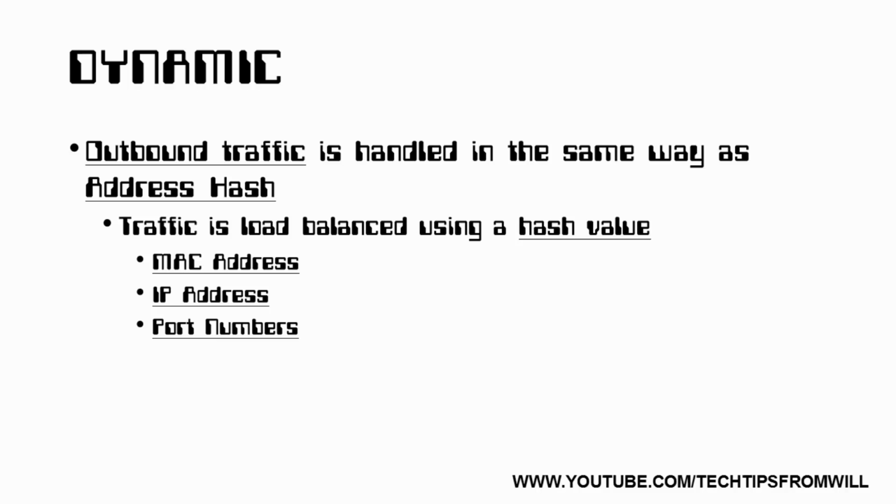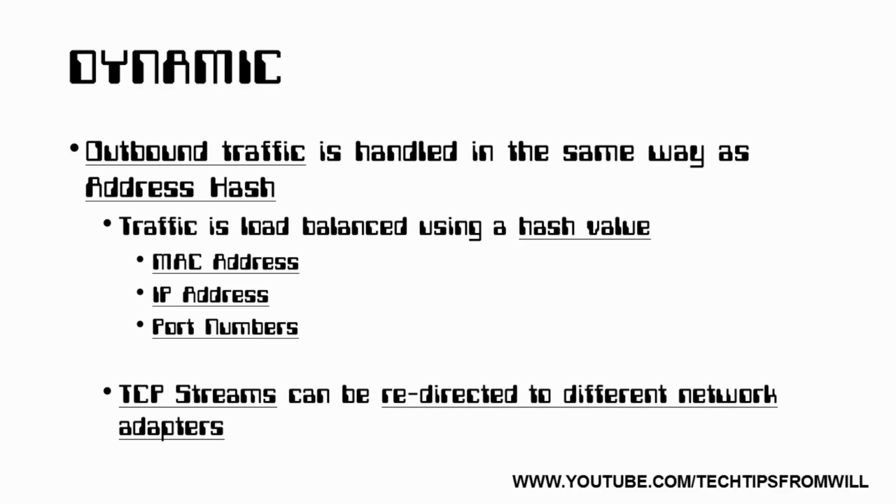What makes dynamic particularly appealing is that, unlike with address hash, it is able to redirect TCP streams to different adapters. That is, if one network adapter is particularly overwhelmed, Dynamic is able to shift some of the TCP streams onto a different adapter.